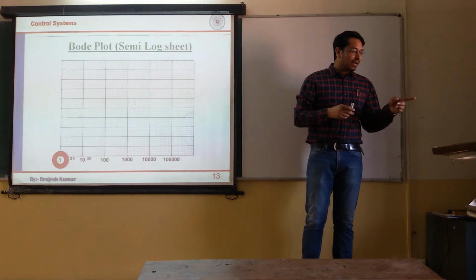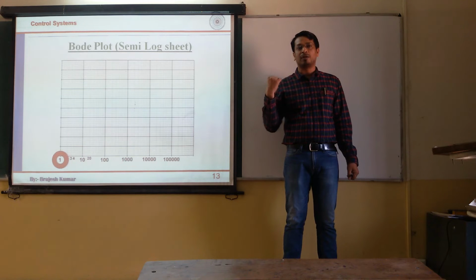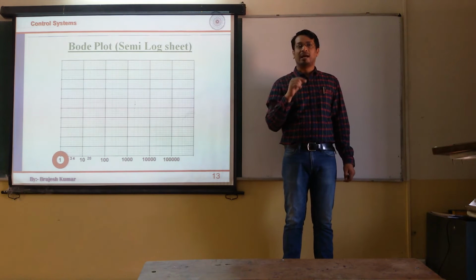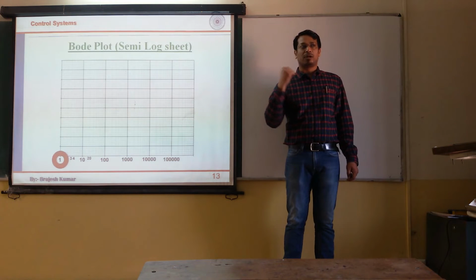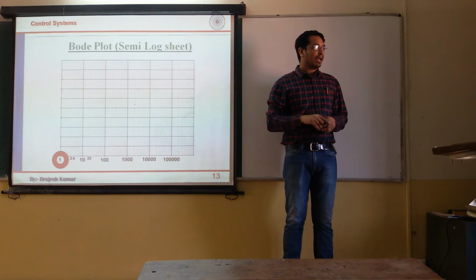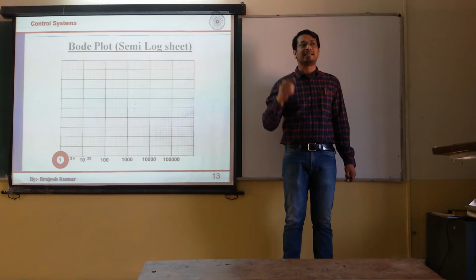You should also note that the x-axis is logarithmic of whatever value you want to put. So you will just take the value of omega and locate it. It will automatically give you the log of omega. Correct? And the y-axis is a linear scale.